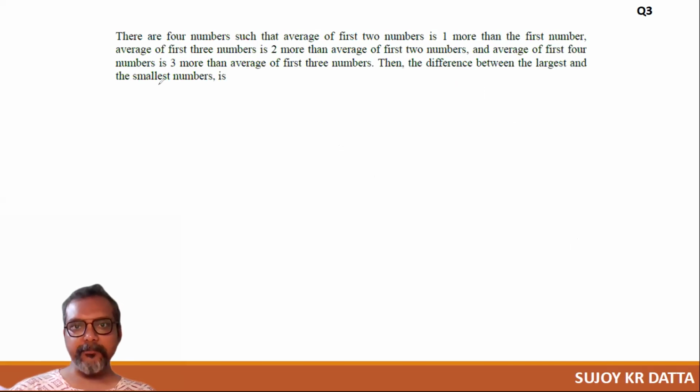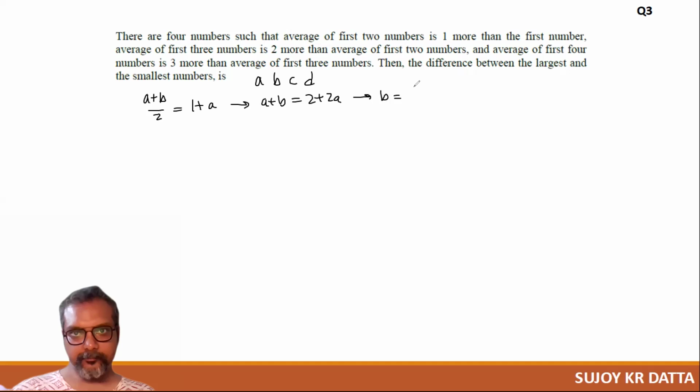They're saying 4 numbers, the average of the first two. Let's take A, B, C, D as the numbers. So (A plus B) by 2 is 1 more than A. That simplifies to the first equation, B equals A plus 2. The second one says the average of the first 3 numbers is 2 more than the average of the first 2 numbers.